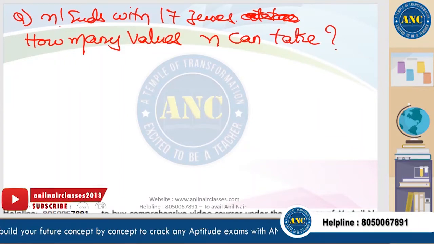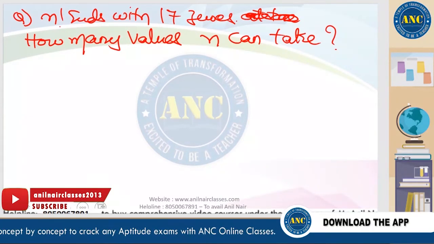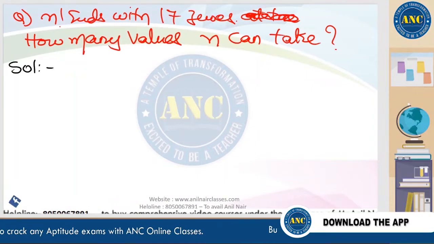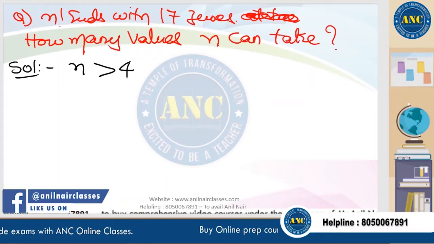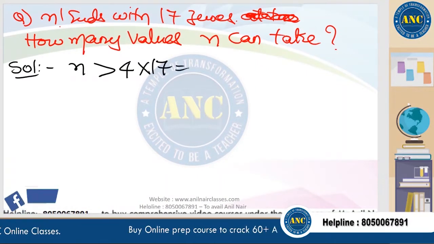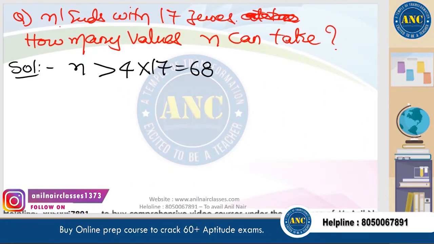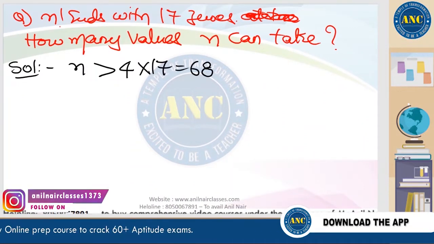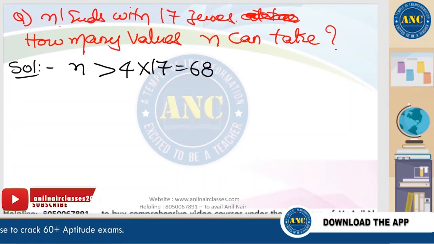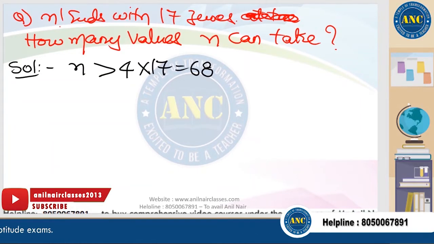N factorial ends with 17 zeros. Directly we will get the answer. N is greater than 4x. 4 into 17, 68. N is greater than 68.